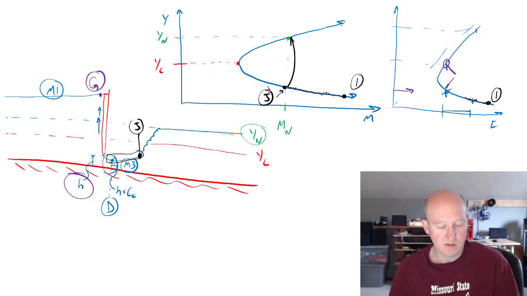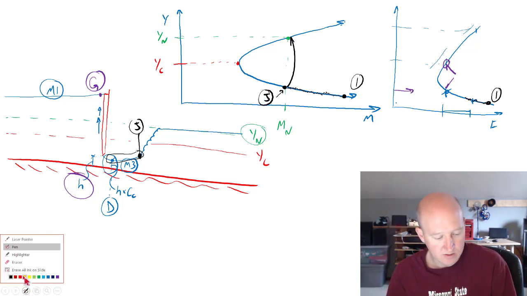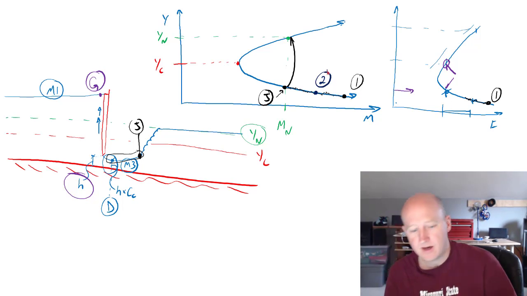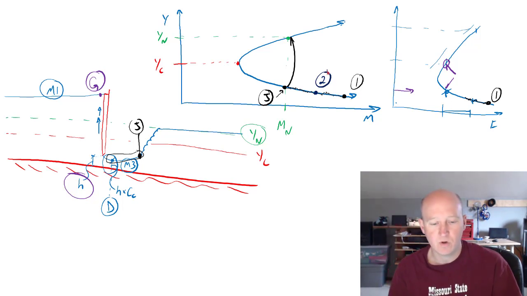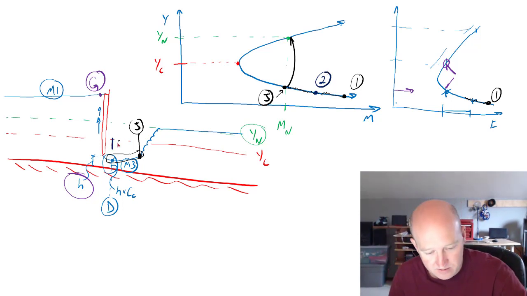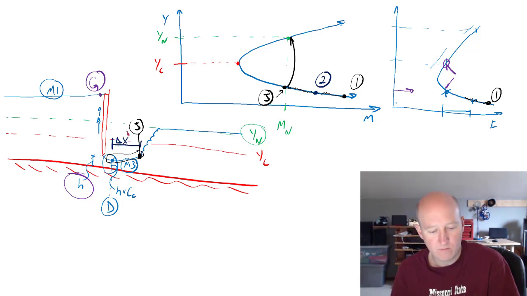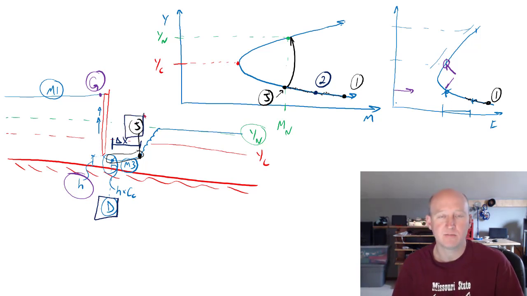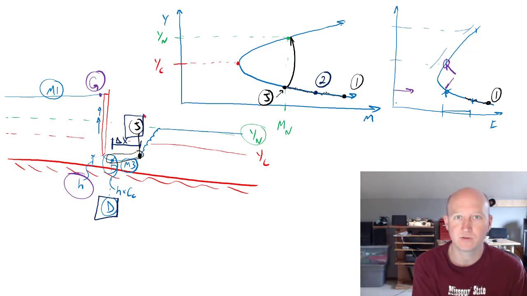Okay, and if we raise the gate a little bit, not too much, but just a little bit, maybe we're here, that's section 2. So it would need to burn off less energy. And so what that would mean is that this delta X section, the section we would be moving from section D to section J in our delta X calculation, would be getting smaller and smaller as we raise the gate. And so as we raise the gate, the hydraulic jump is getting closer and closer to the gate.